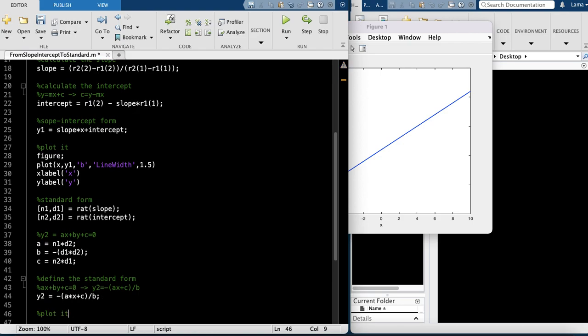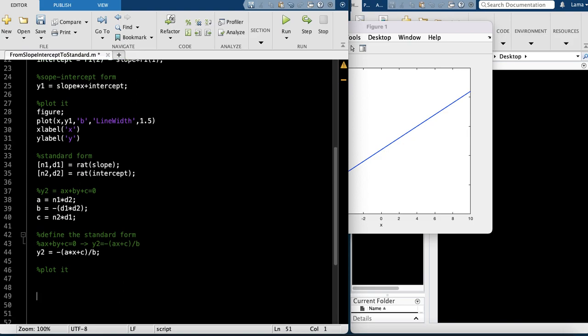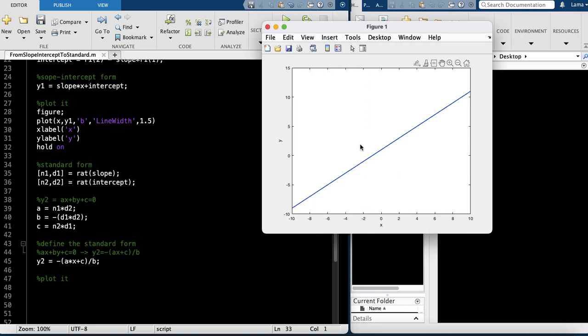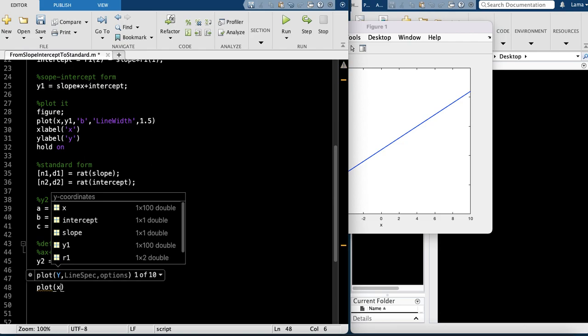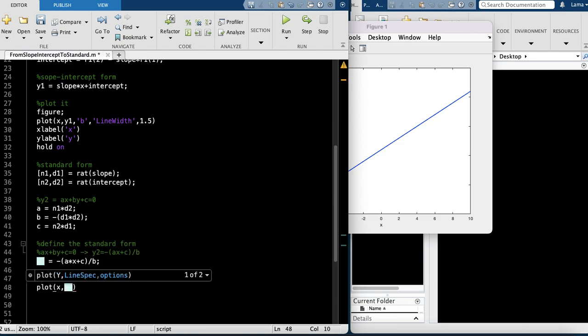Let's plot it. Let's visualize it and see how it looks. So let's add hold on to the first figure that we have here, because I want to see y2 on top of y1 to see if they match or not. So here we have plot, and I want to plot x and y2.